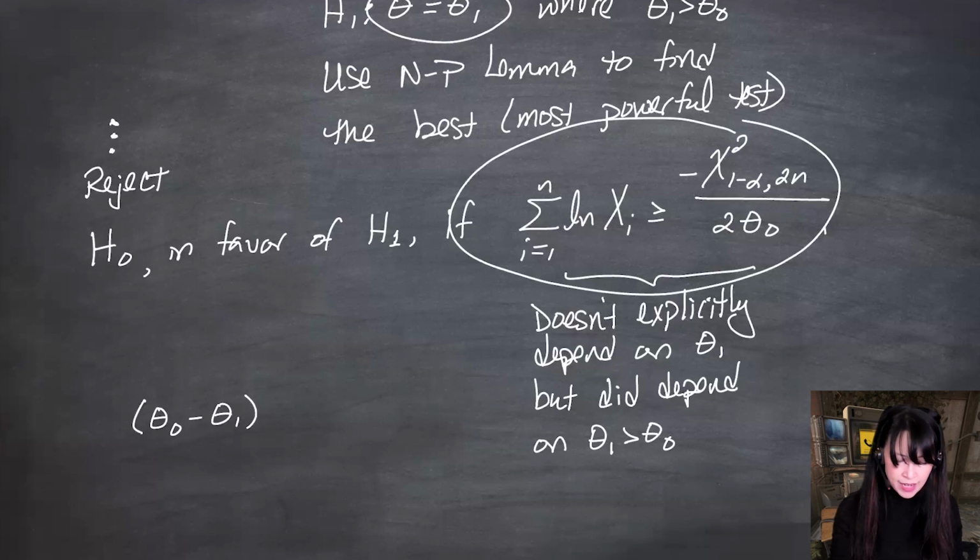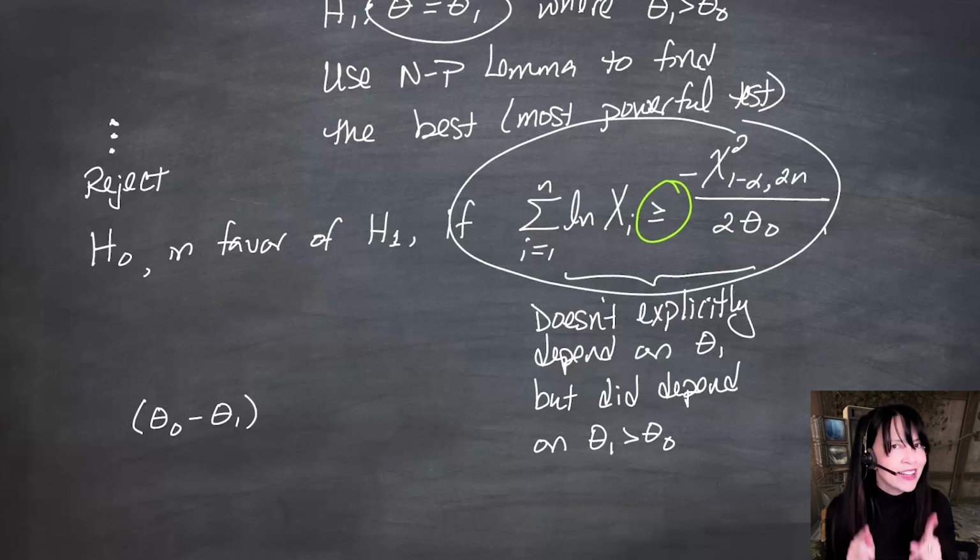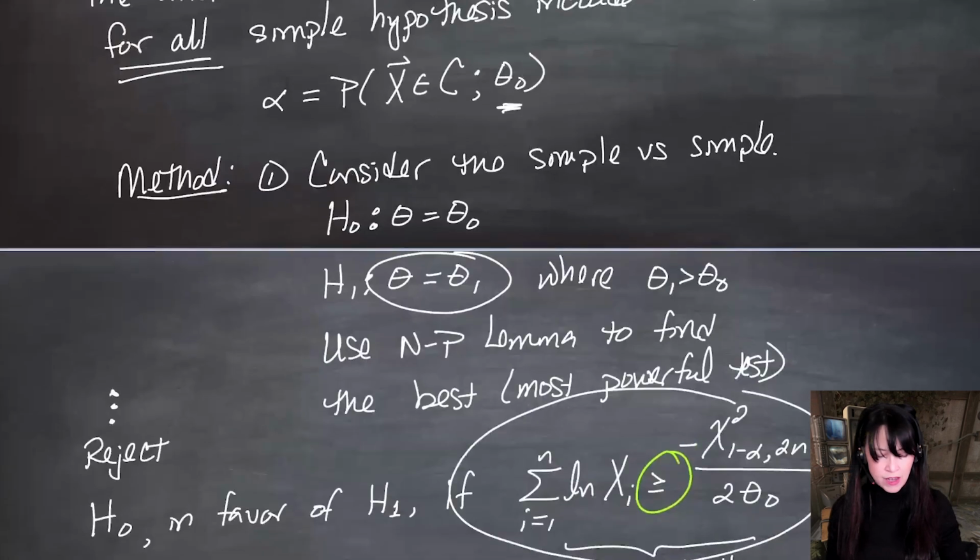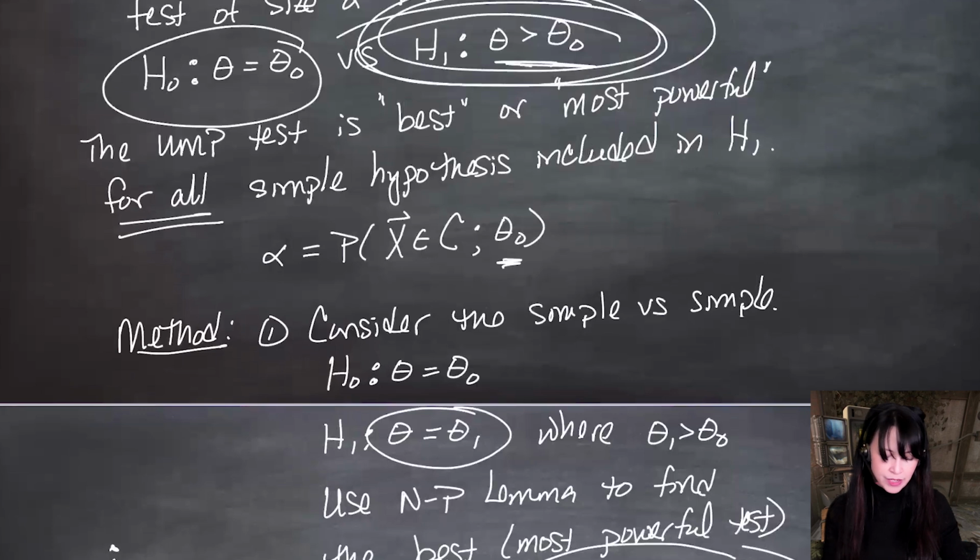So it did affect this. So this test doesn't explicitly depend on theta 1, and there's no theta 1 in this circle. But the fact that theta 1 was larger than theta naught is kind of in there. But this will work for any theta 1 greater than theta naught, and that's what we're after here.